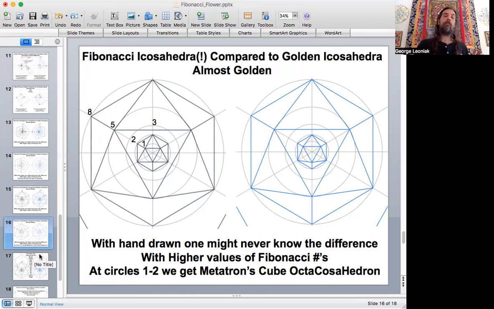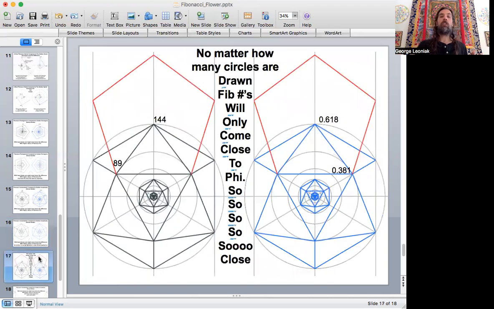But let's just do a more fine scale test, even at the larger numbers, because this is one reason why I often get asked, because I have a few videos about Metatron's cube and the flower of life, or that pattern. Often a question is, well, how about if you expanded those circles way, way out there?